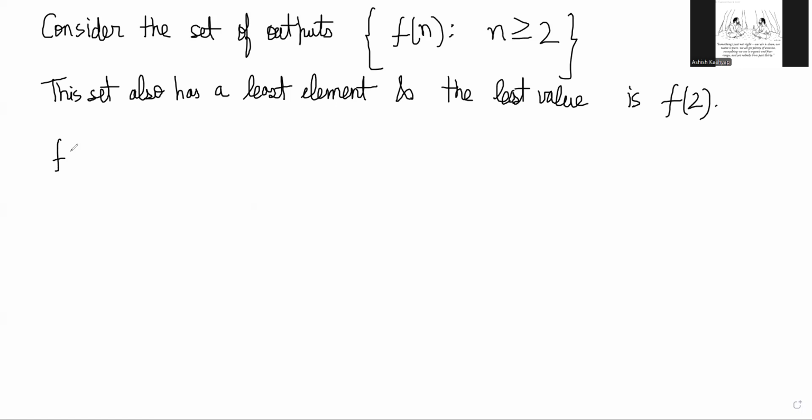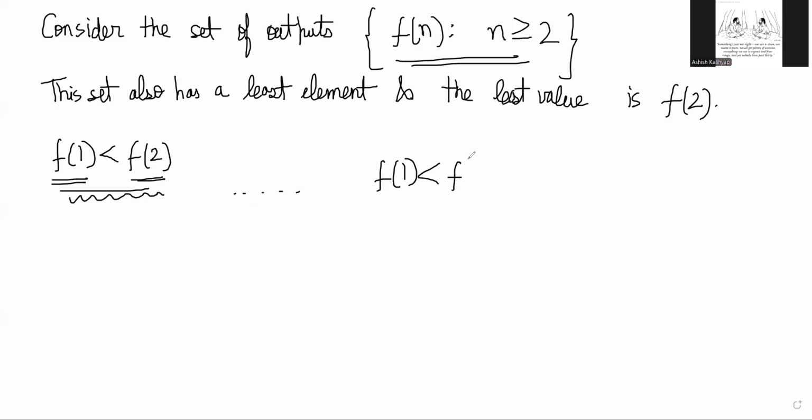We also know that f of 1 is less than f of 2, because f of 1 was the least element of the entire set. f of 2 is the least element of this range only, which is a reduced range, not the full range. So we can repeat the argument multiple times and say that f of 1 is less than f of 2 is less than f of 3, and so on.